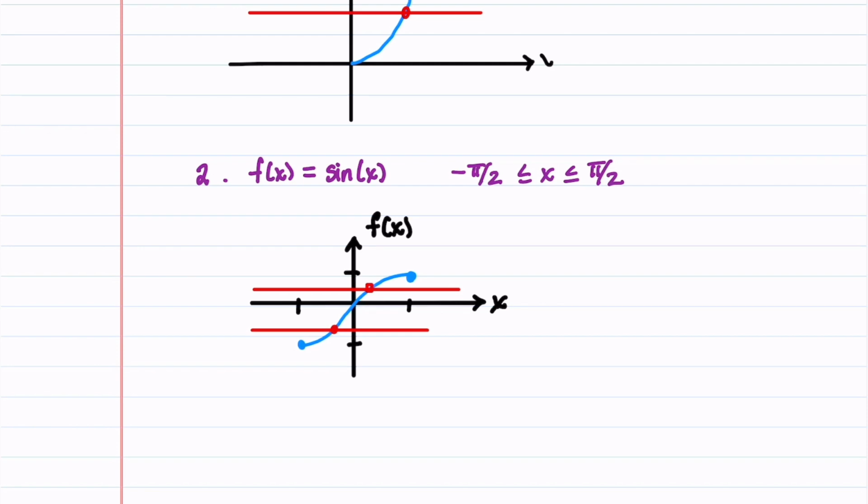This means that our function f of x is equal to sin x when x is restricted to be between minus pi over 2 and pi over 2 is one-to-one and has an inverse. Now we're ready to start learning about inverse trigonometric functions.